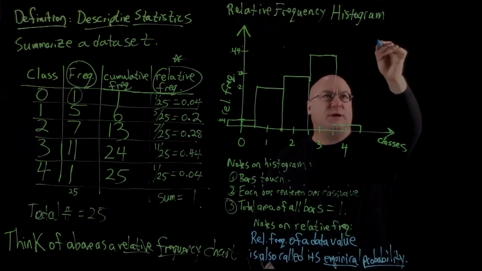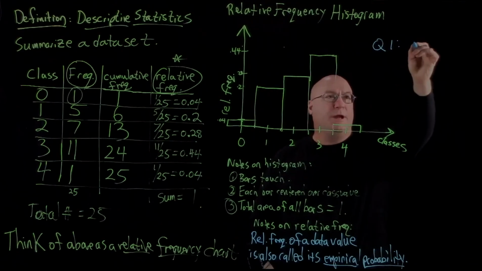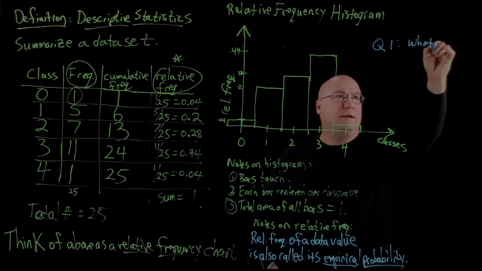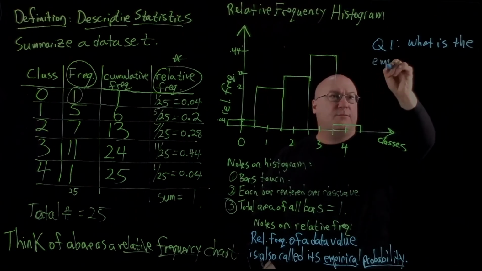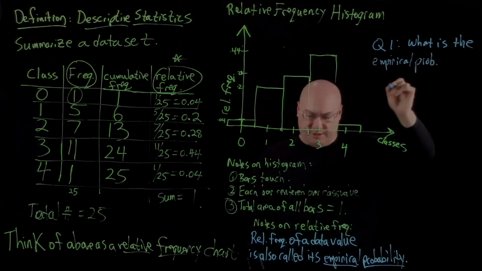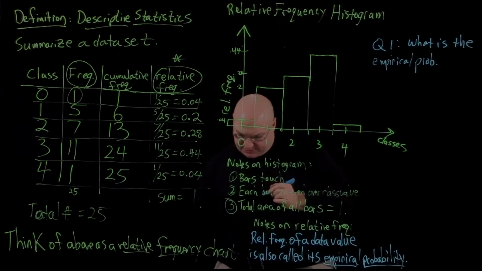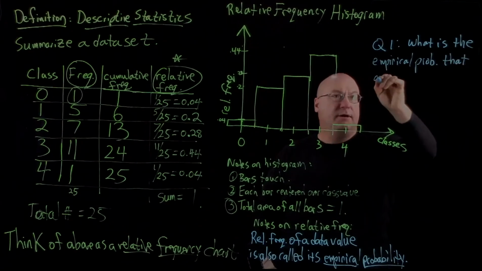So for instance, let me just ask you a couple questions here and have you pause and try them. Question 1, what is the empirical probability that a couple has 1 phone?